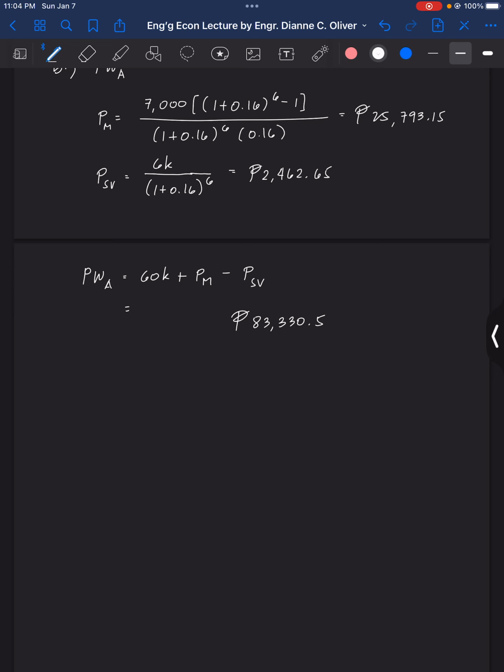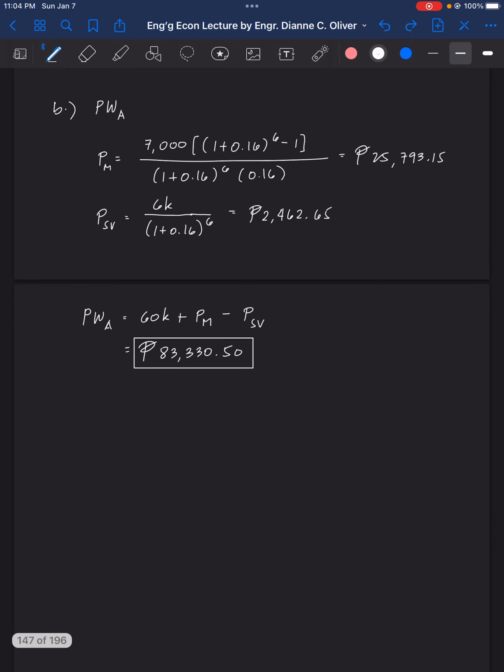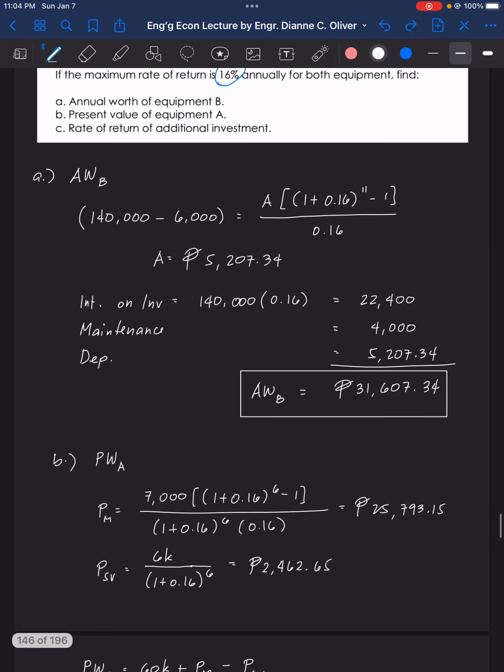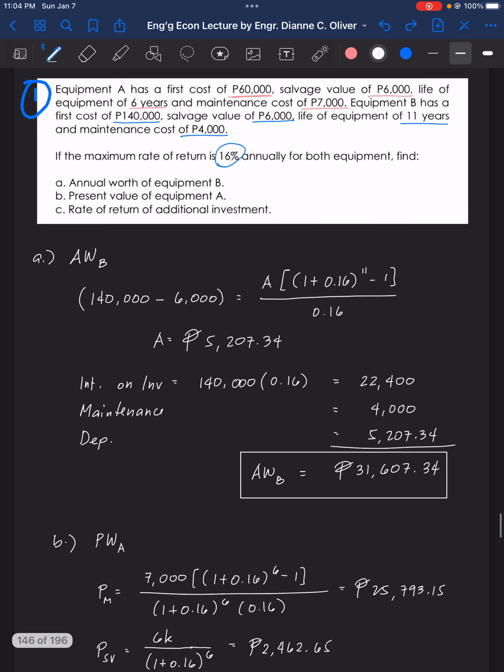And since it is positive, since we've used a positive sign for the cost, therefore this is also a cost, and it is not an inflow of money. So that's for letter B, present worth of equipment A.